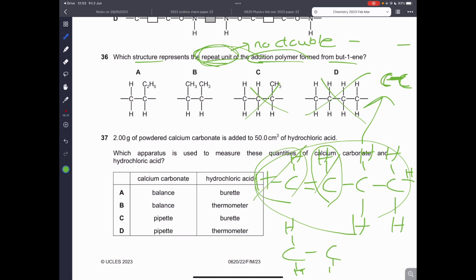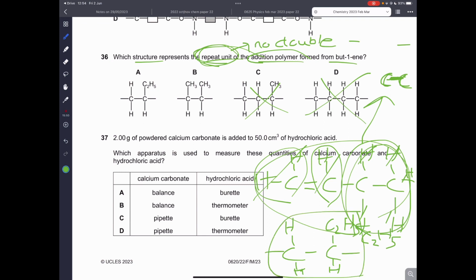The second one has 1H there. And the third one, we have to put all of it together. So this is C2. How many H are there? 1, 2, 3, 4, 5. H5. And we have to put C2H5 here. And therefore, the repeat unit has to be looking like this. And therefore, A is the correct answer.